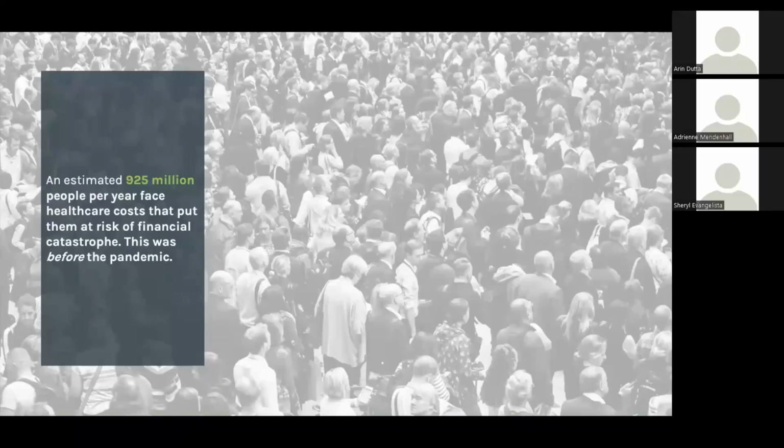As most of us know, healthcare costs are one of the most significant reasons that put people into poverty. Sorry, I'm tripping over my words here, but this is a significant contributor to poverty, whether that is an unexpected healthcare event or loss of income associated with healthcare as well.